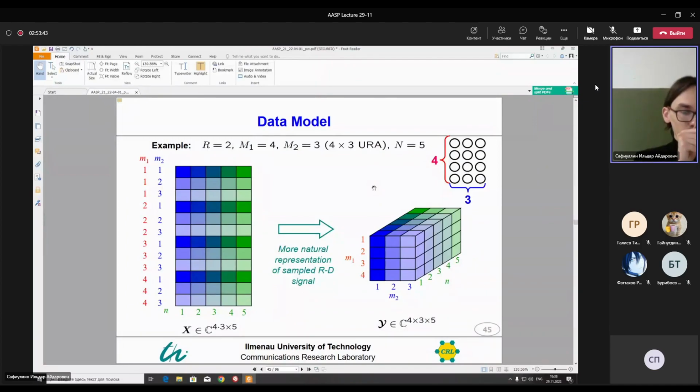For example, here we have M1 equal to 4 and M2 equal to 3. So maybe we can start with this image here.